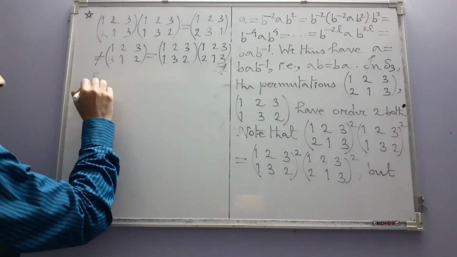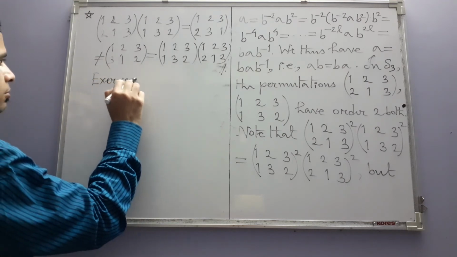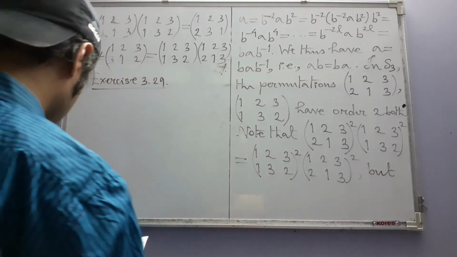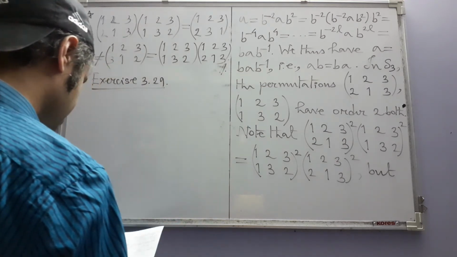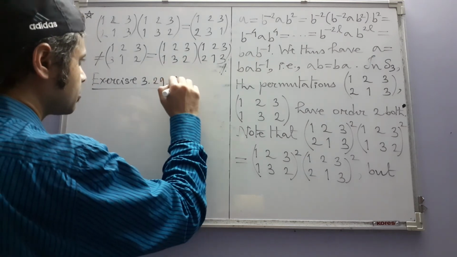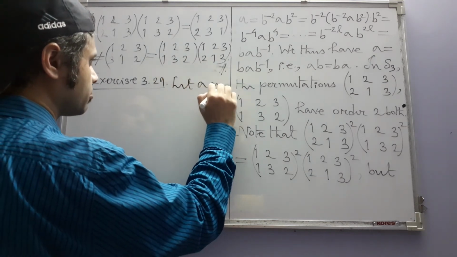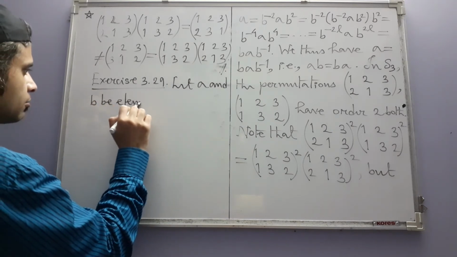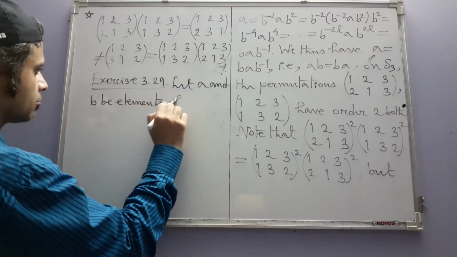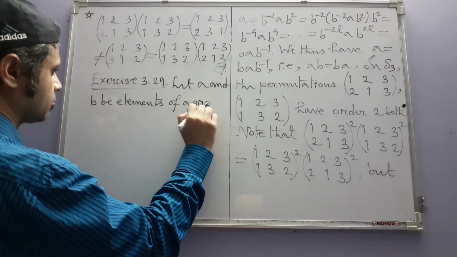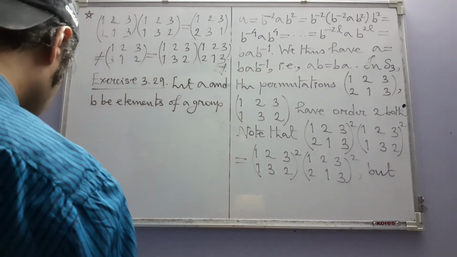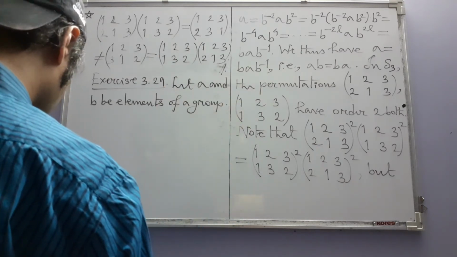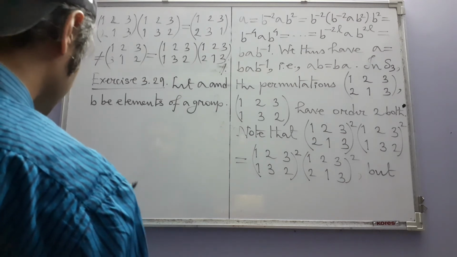Next, let A and B be elements of a group. Show that the following pairs of elements have the same order.